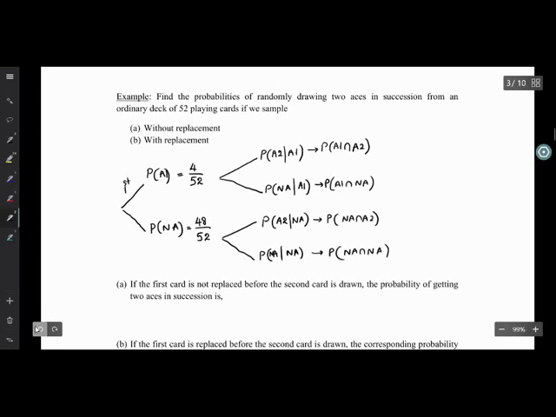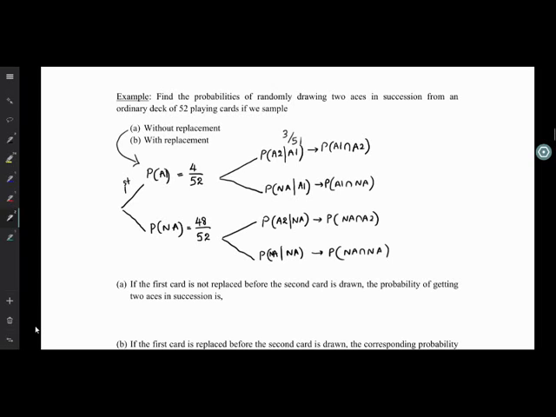So this probability, if we do it without replacement, means you pick a card and you do not put it back. If the first card is an ace, when you are going to pick the second card, the probability that it will also be an ace will be 3/51, because you picked an ace the first time and you didn't replace it.